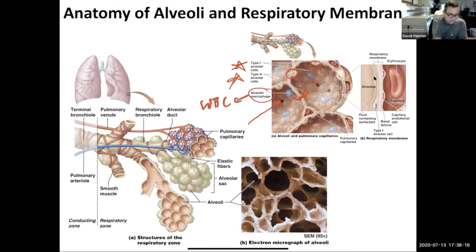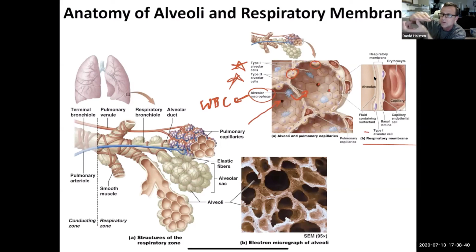Okay, so what's your respiratory membrane? Basically, you have a squamous cell. So here's a type 1 alveolar cell with a basal lamina that all epithelial tissues produce. That's just the acellular extracellular matrix, the actual glue that epithelial cells sit on.